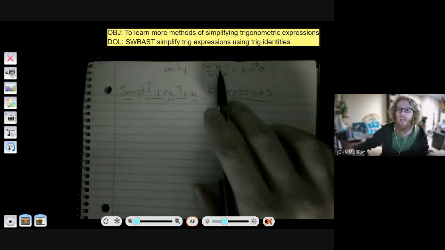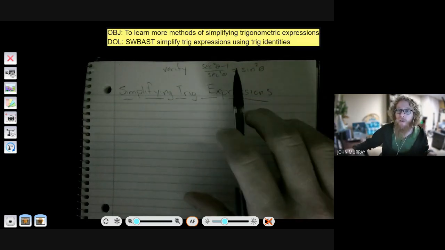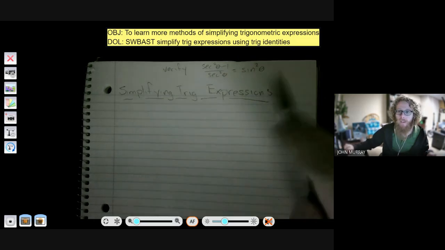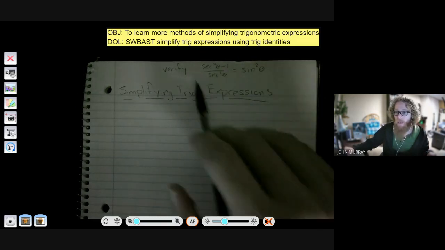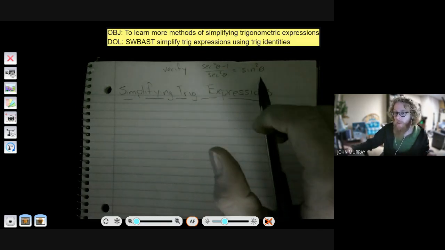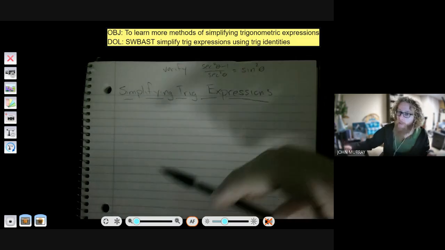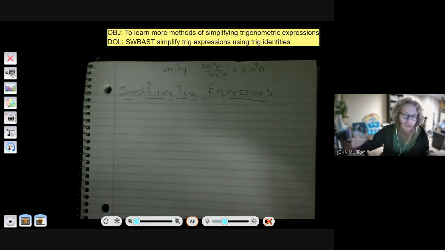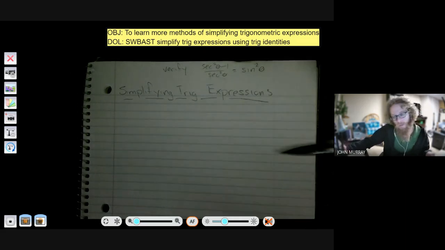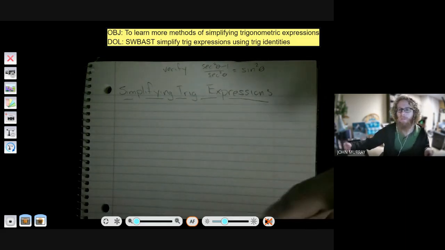They might say verify that secant squared minus 1 over secant squared equals sine squared, right? So they want us to get from this picture to this picture. So we would use a whole bunch of different rules. We would use maybe our reciprocal rules or our quotient rules or our Pythagorean rules, right?